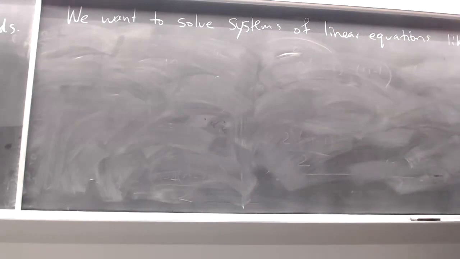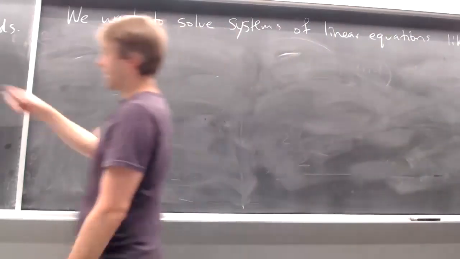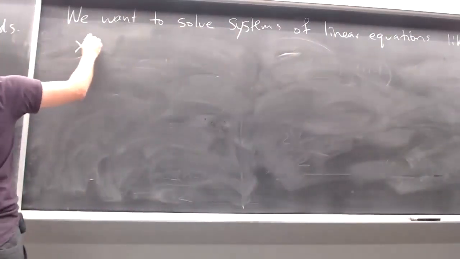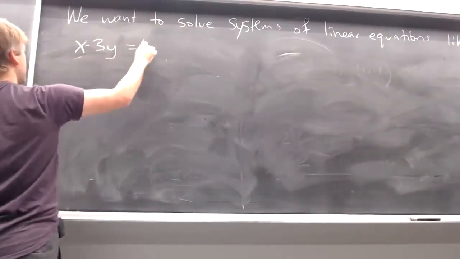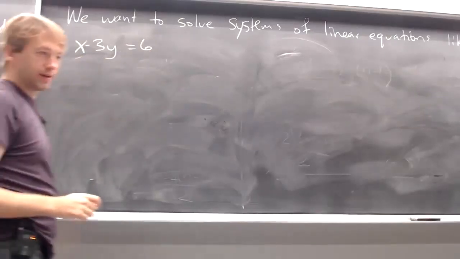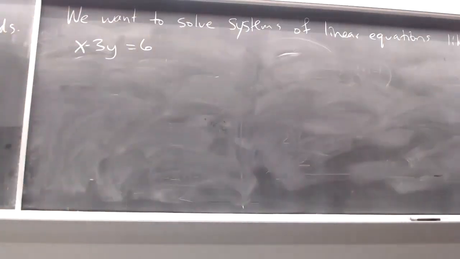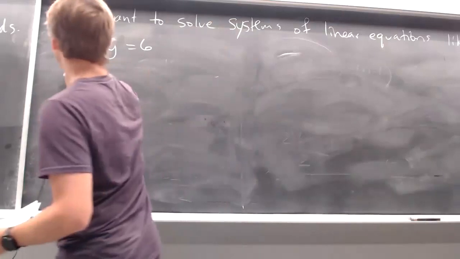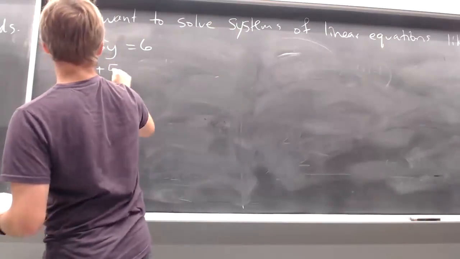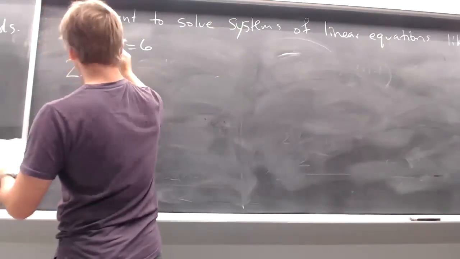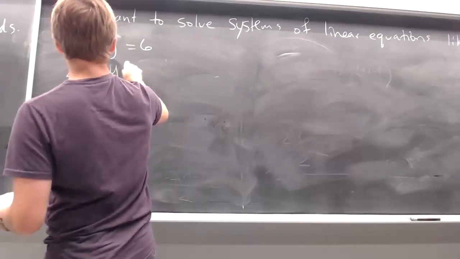Like, for example, if I take this original equation, x minus 3y equals 6, and then I'll add another equation, 2x plus y equals 5.